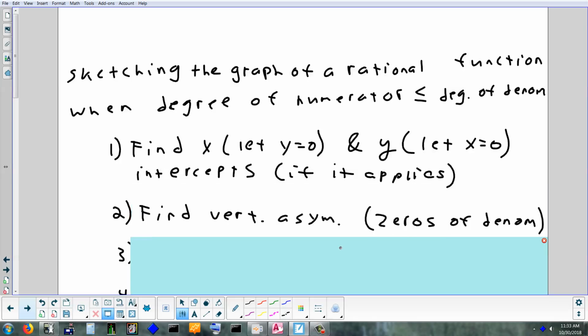Now, what's the only time that you could have a number that makes the denominator 0, but you don't get an asymptote? There's a common factor in the numerator and denominator. Right. That's why it's a good idea to factor the numerator as well and see, do you have common factors? If you do, you have a hole in the graph, not an asymptote.